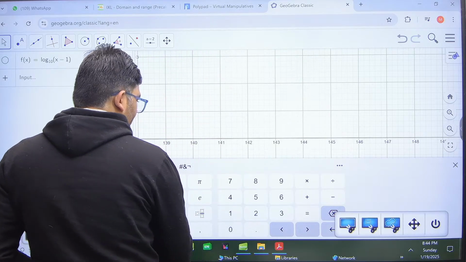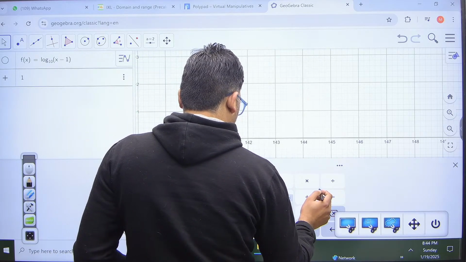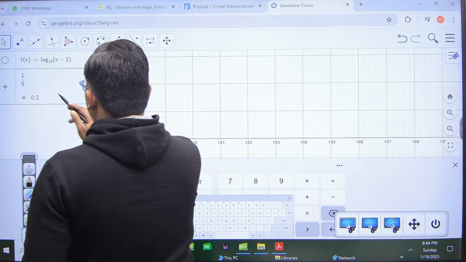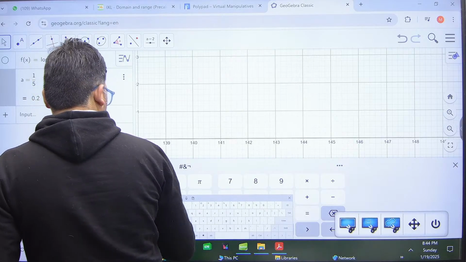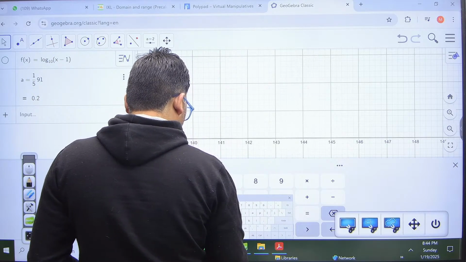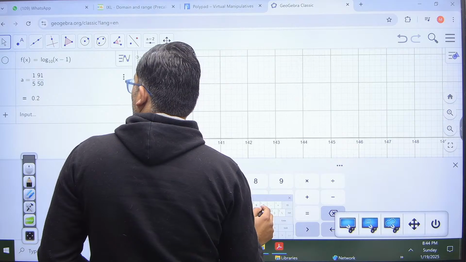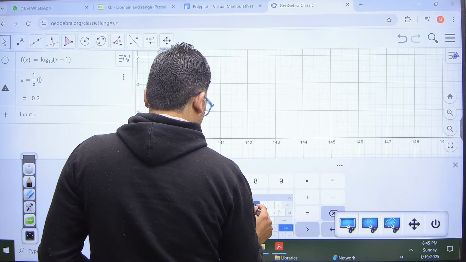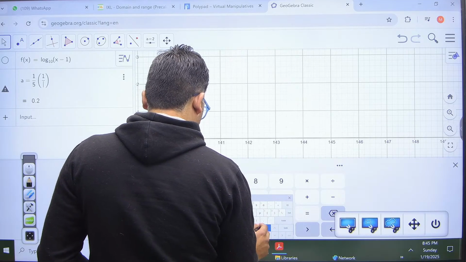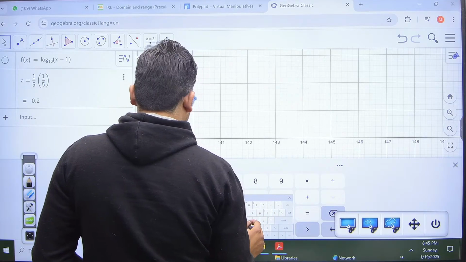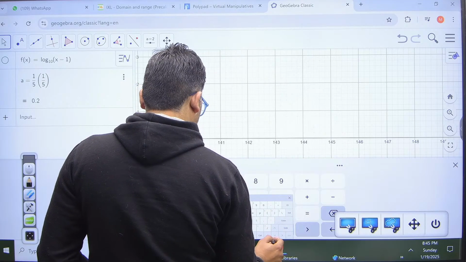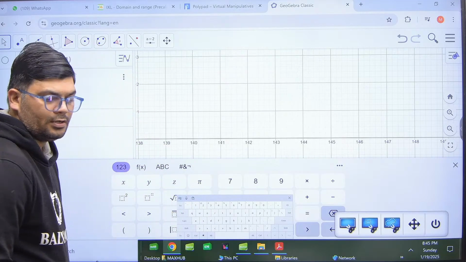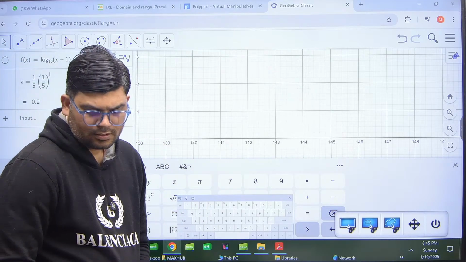It is first 1 by 5 into, in brackets, 1 by 5, the full thing in brackets, then the whole to the power x plus 4.